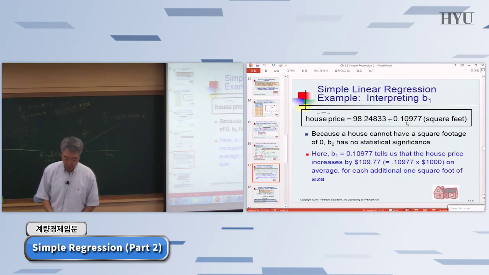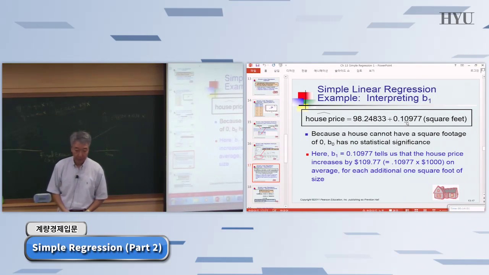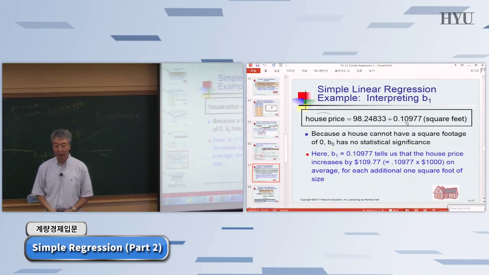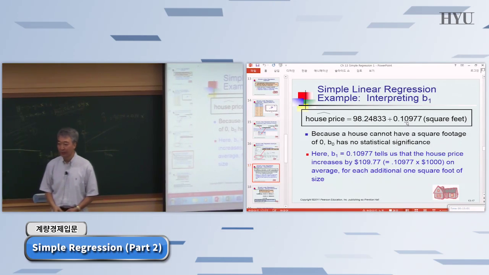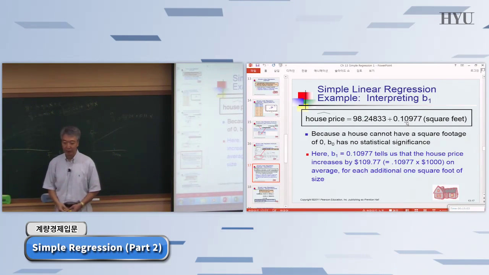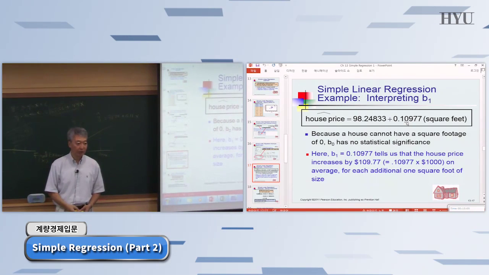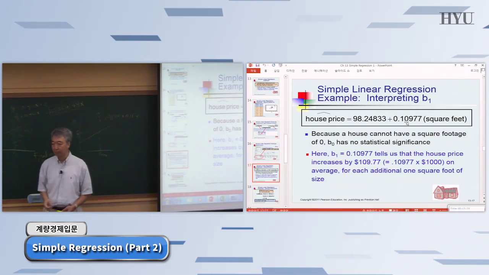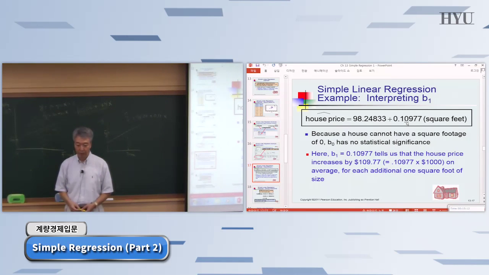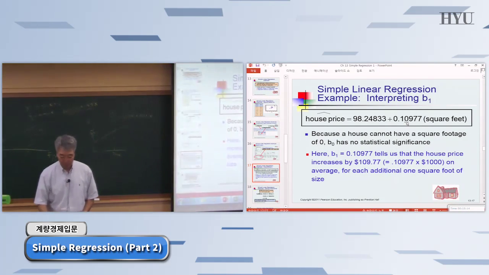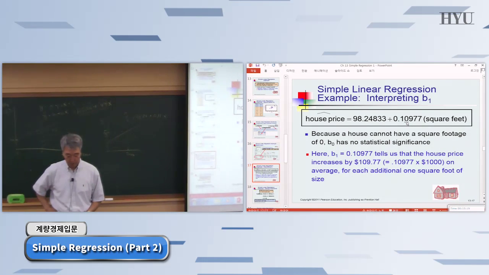What about B1, the slope? That we bother a lot. We first try to interpret the meaning of the slope, and then we put it to the test to see whether this is a reliable estimate, because that slope basically tells us the relationship. Here we have 0.10977 as the estimated slope. What is the meaning of that slope?